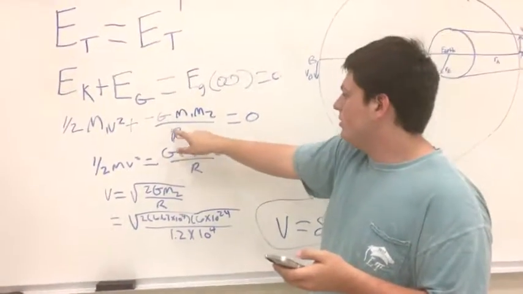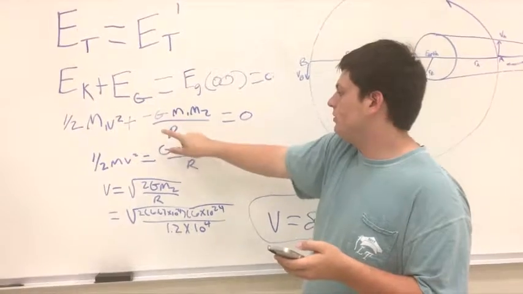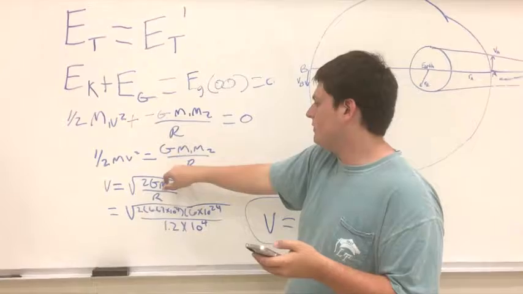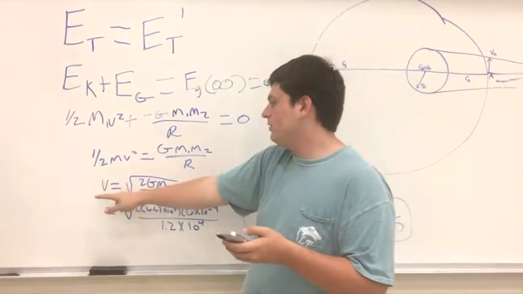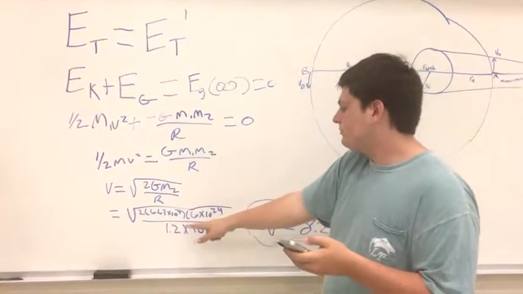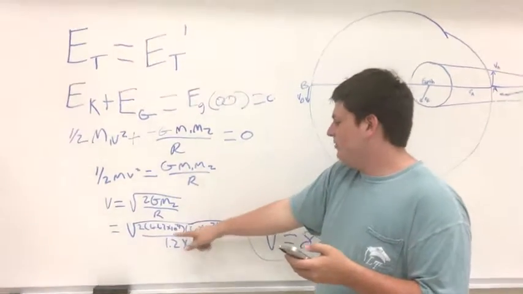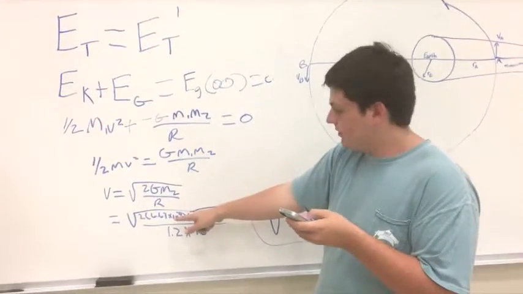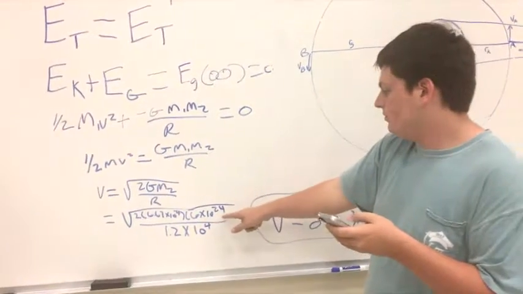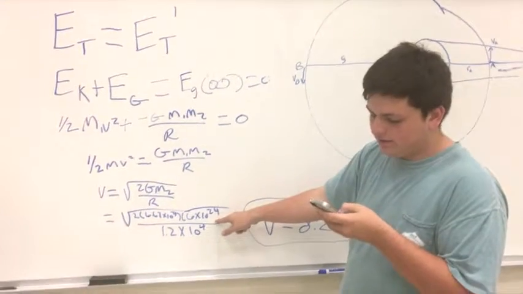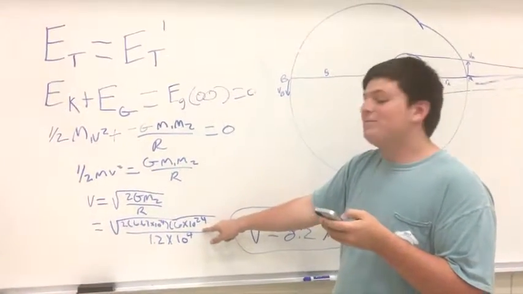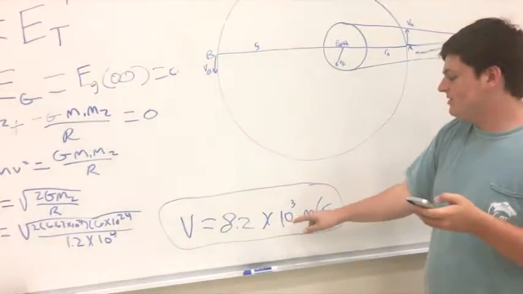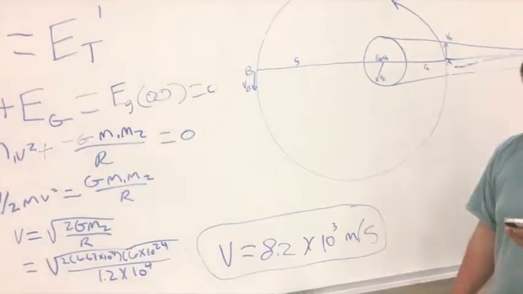We move the gravitational energy to the other side, and solve for v, which is the square root of 2 times the gravitational constant times the mass of the Earth over the radius. It gives you the answer 8.2 times 10 to the 3rd meters per second.